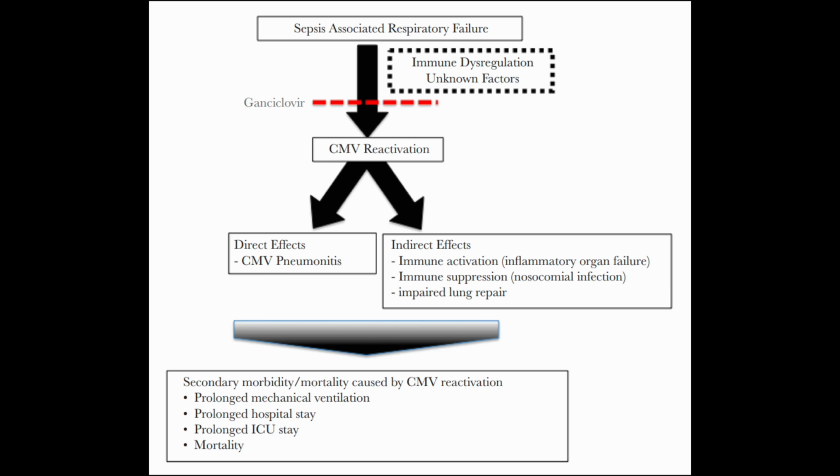The CMV reactivation has two impacts. The direct impact is on the lungs, where it causes injury and inflammation, and the indirect impact, where the immune activation and immune suppression because of the CMV results in organ failure and nosocomial infections. Secondary morbidity and mortality associated with CMV reactivation are prolonged mechanical ventilation, hospital and ICU stay, as well as increased mortality.